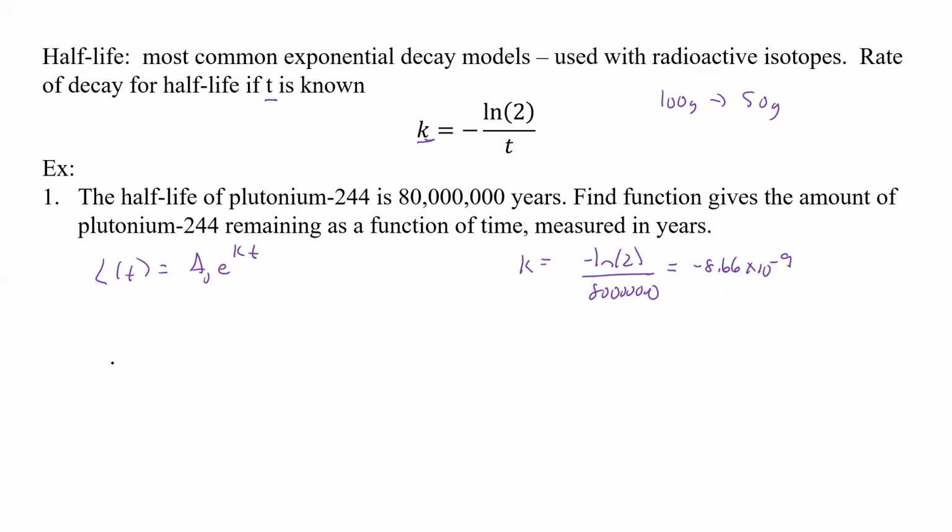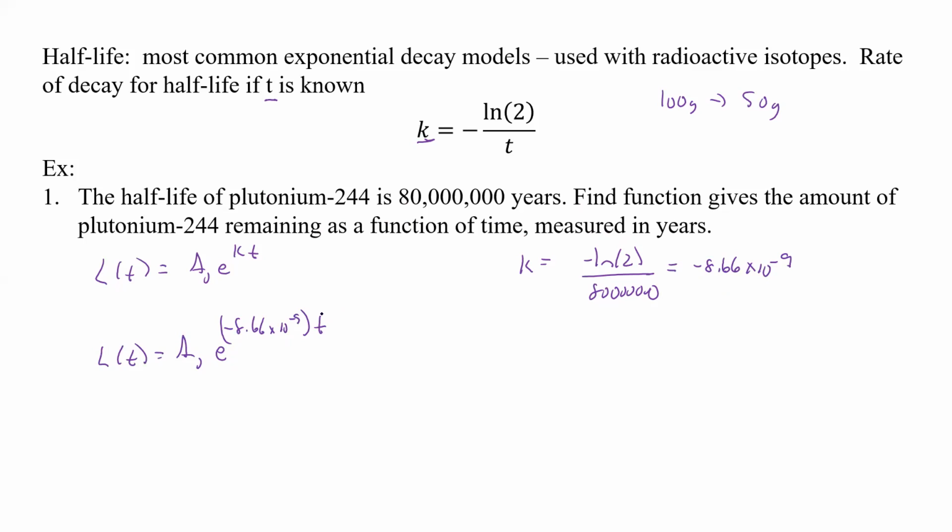So depending on how much we have, this is going to be our equation. It's just going to be L of T equals A naught e to the negative 8.66 times 10 to the negative 9 T. And so that will be our amount of stuff remaining after so many years.